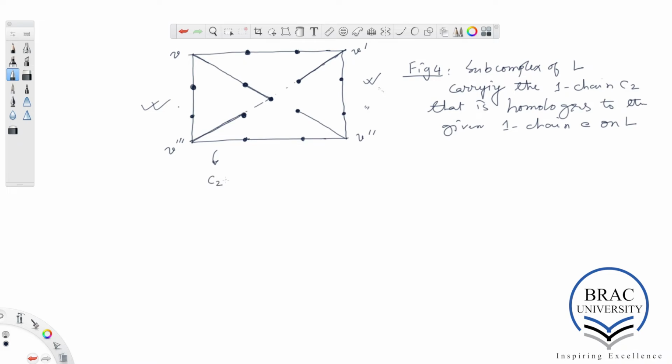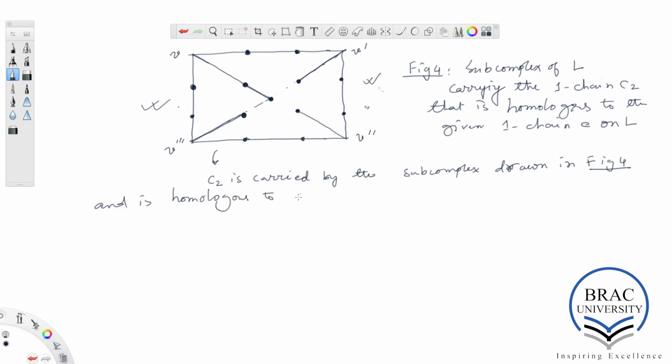So C2 is carried by the subcomplex drawn in figure 4, and is homologous to the given one chain C on the complex L, right? I want you to prove it explicitly, okay? So I leave it as an exercise.